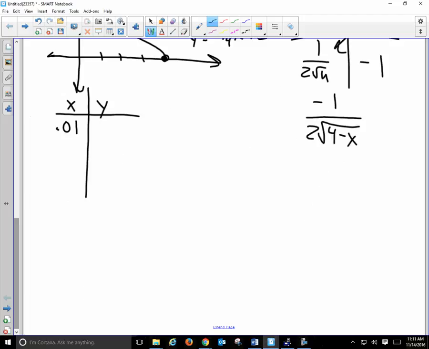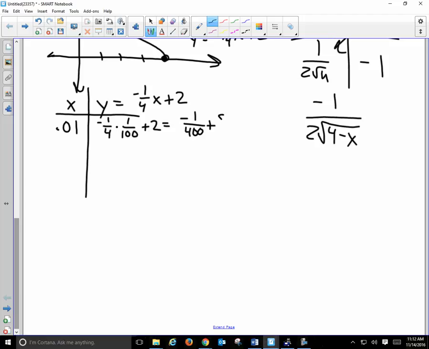So what is y? y is -1 over 4 times x plus 2. So I'll take -1 over 4 times x, which is 0.01 or 1 over 100. I get -1 over 400 plus, I'm going to create common denominators.